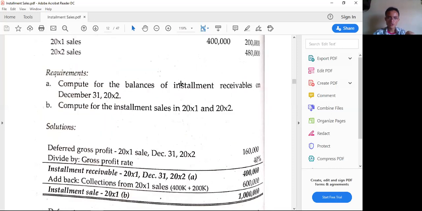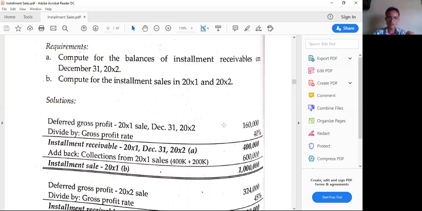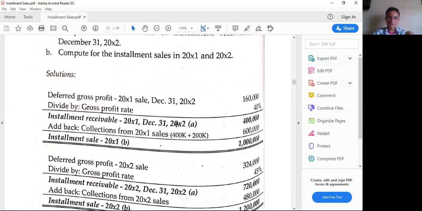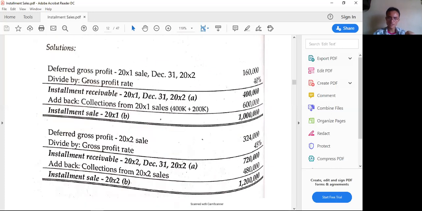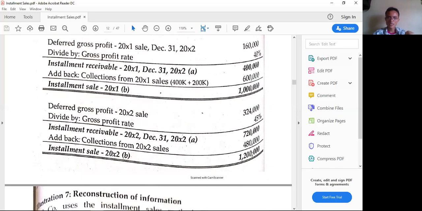Going back to the requirements, compute for the balances of installment receivables. That's 400,000 for the 20x1 installment sale in the year 20x2. And then installment receivable in 20x2 for the year 20x2 sale, 720,000.